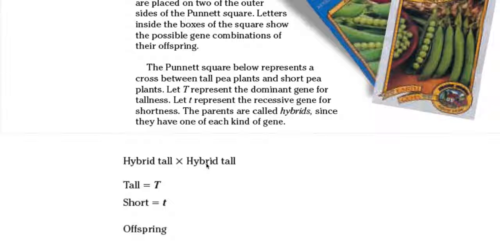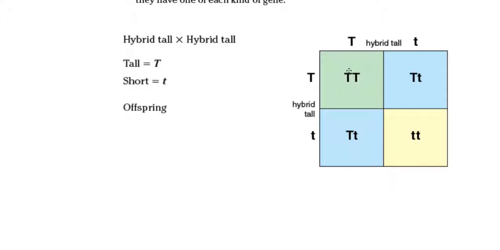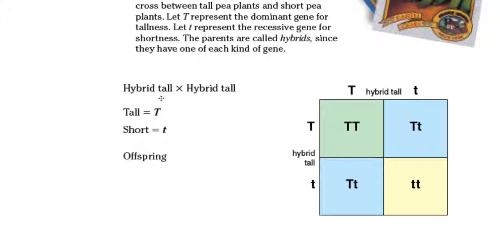Okay, so this is the Punnett square that we're talking about right here. They're hybrid tall because it's not a true breeding tall plant. And at the same time, you have a capital T and lowercase t, a dominant and a recessive gene. So we are basically getting the product of a hybrid tall times a hybrid tall pea plant.